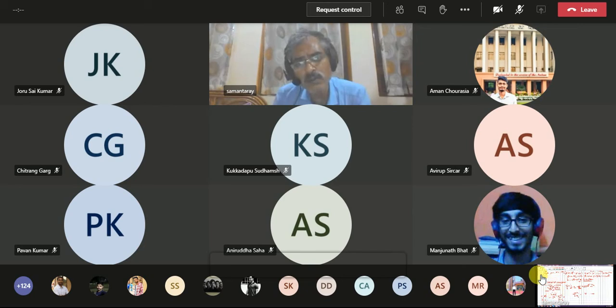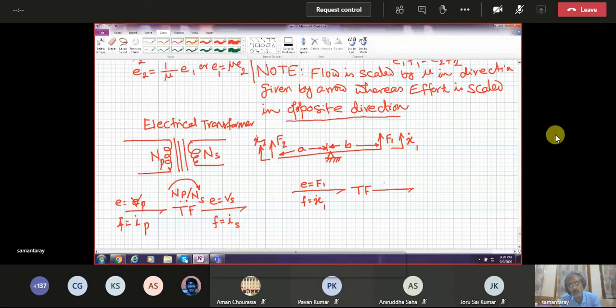It's F2 and flow is x2 dot. Now we have a simple kinematic relation here. Let's say this angle is some theta. So you have theta is x1 by b, that is equal to minus of x2 by a.